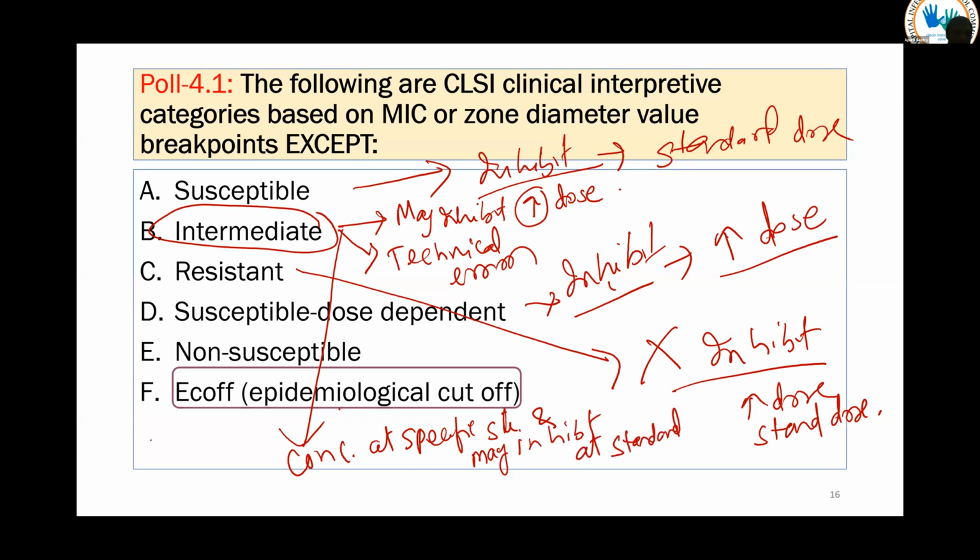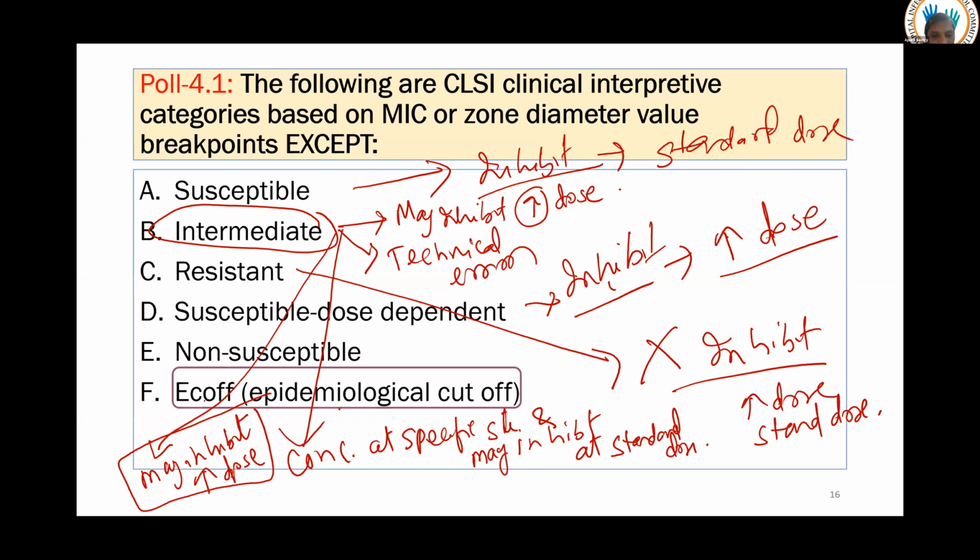And the fourth meaning is it may inhibit in increased dose. However, not enough studies are there to prove this.